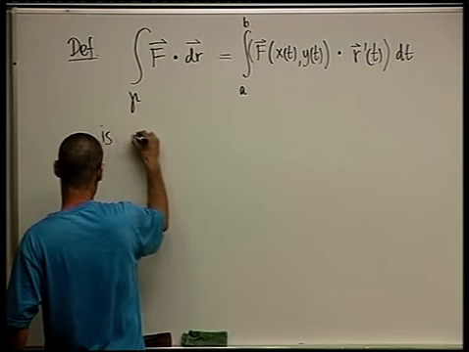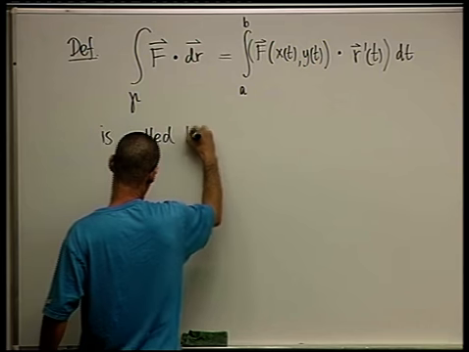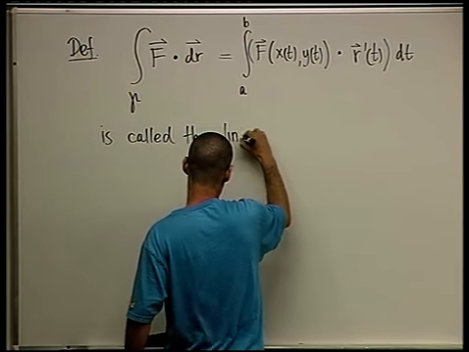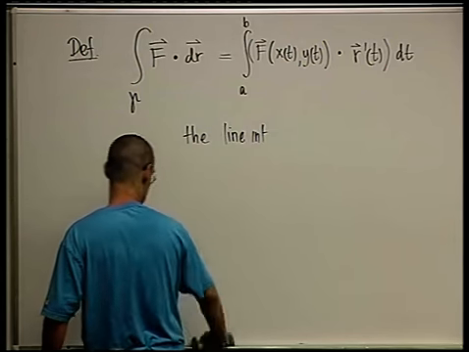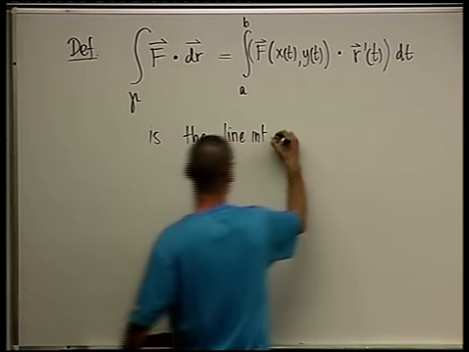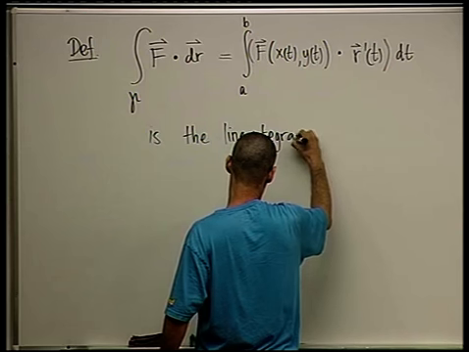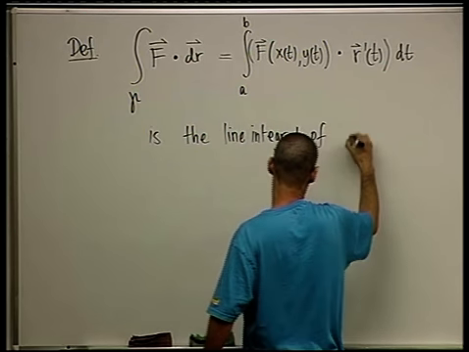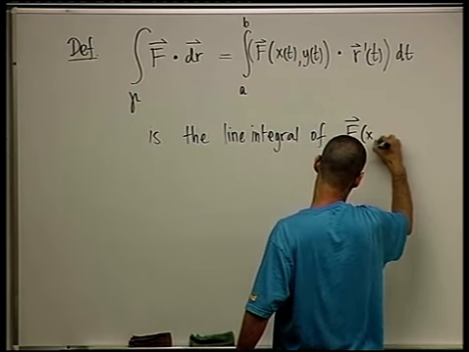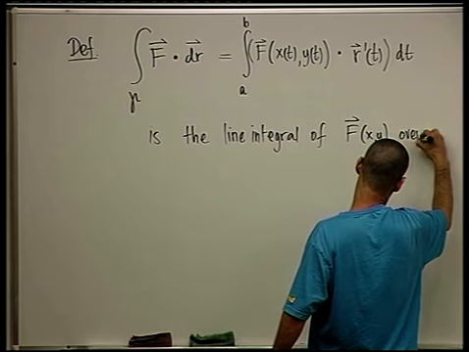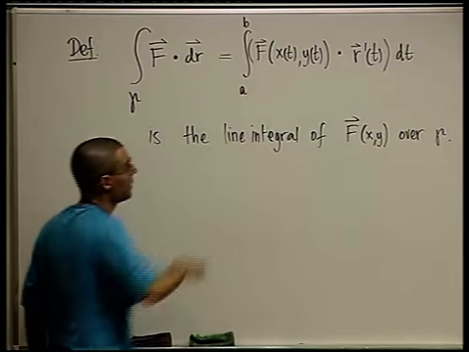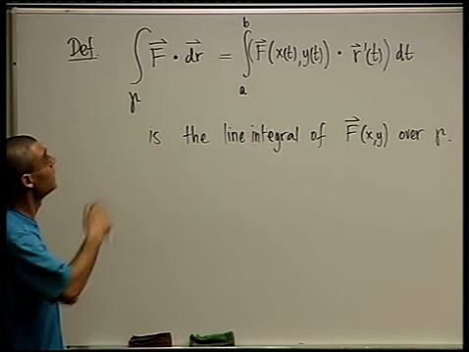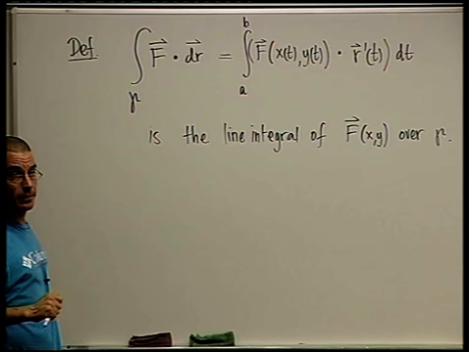It is called the line integral of F over gamma, where gamma is given by the parametrization r of t, where t ranges from a to b. Okay?